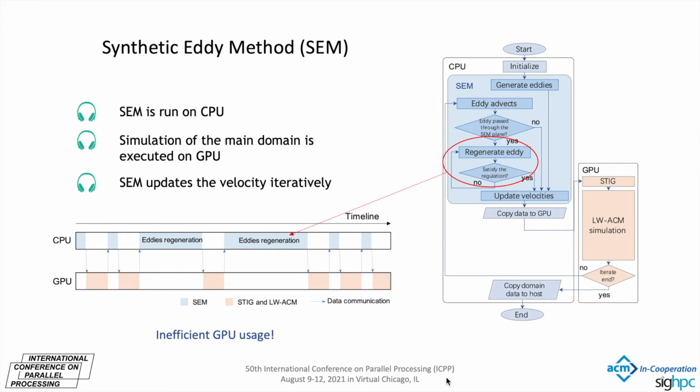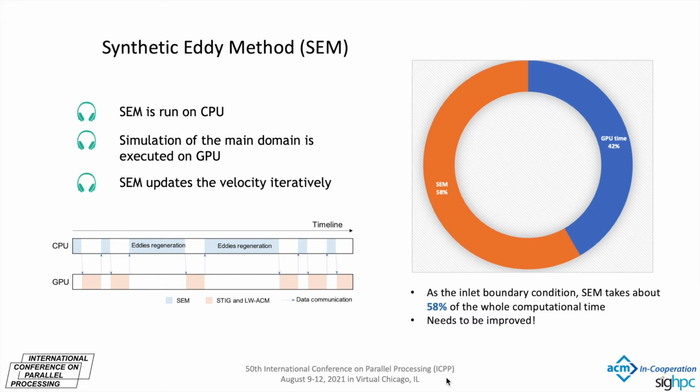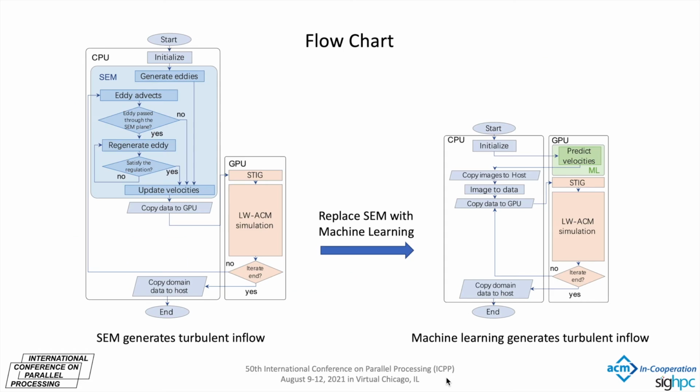But this is a very time-consuming process. We tested the time, and the SEM takes up to 58% of the whole computational time, but this is nonsense because the SEM is only an inlet boundary condition, so we must improve this.